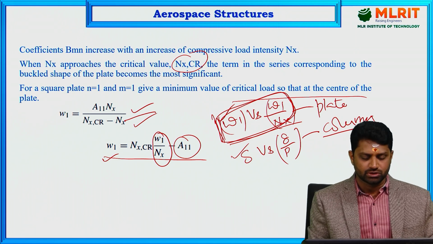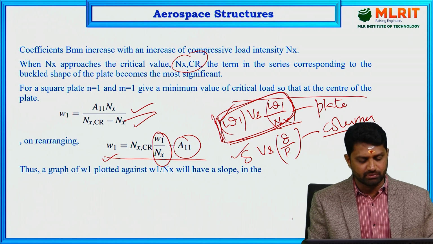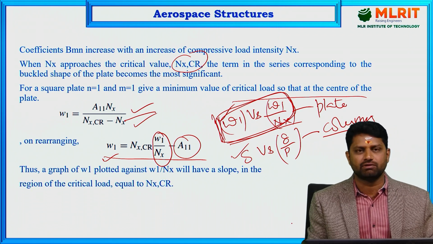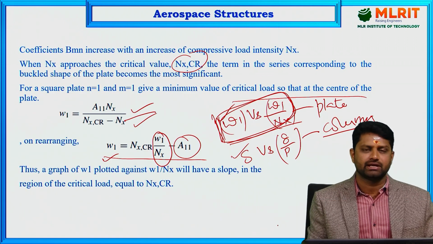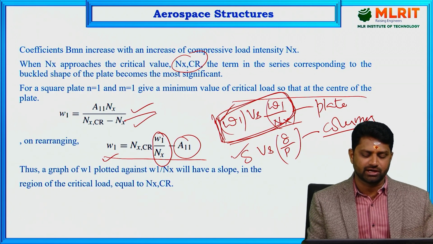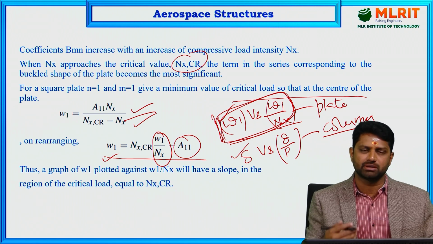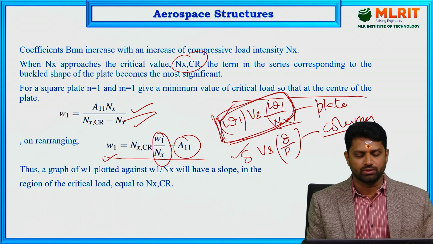The graph is plotted as W1 versus W1 by Nx, and it will have a slope in the region of the critical load, that is equal to Nx critical. So this is the way we calculate the experimental critical load: W1 should be plotted against W1 by Nx, and from the plot you can clearly find the experimental critical load.